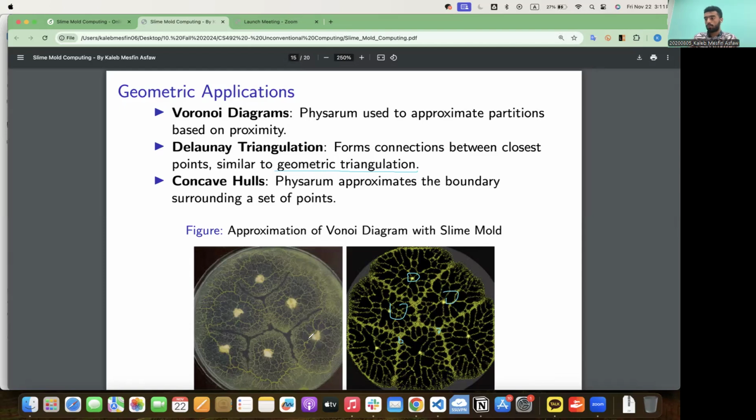It connects a set of points in such a way that no point lies inside the circumference of any triangle between these points. It was also shown to approximate non-convex shapes, called concave hulls. So it's a set of points in a non-convex polygon.